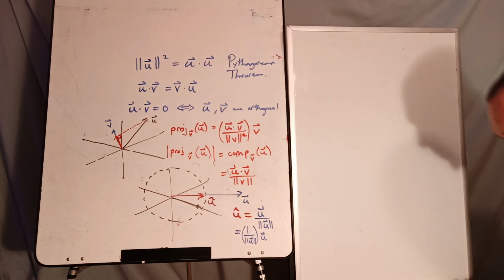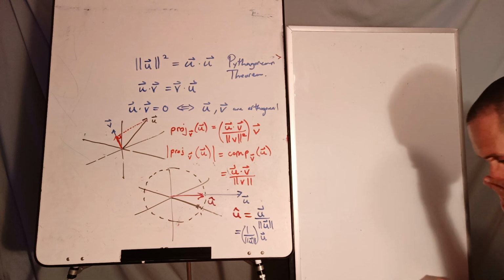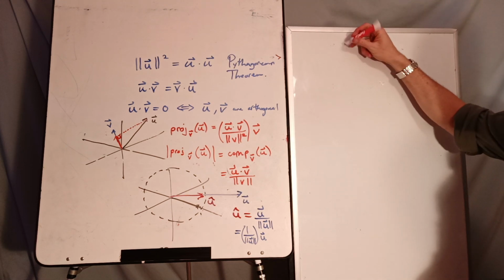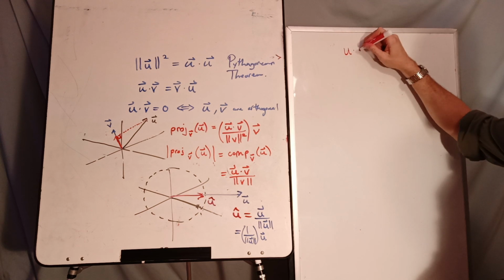So I'd like to say a little bit more about theta. Let's say we know the dot product, recall, u dotted with v.